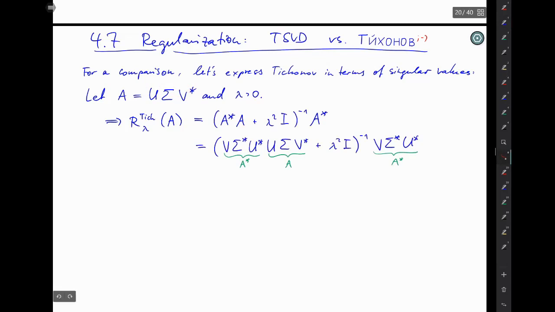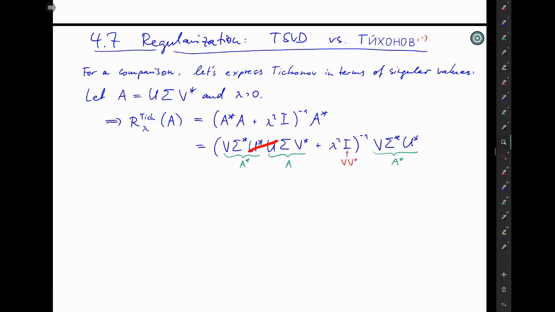I think I don't have to say much anymore about the adjoint of a product being the product of the adjoints in reversed order. Because U is unitary, its inverse is U star, so when the two of them meet, they just cancel. And then here with this identity operator, let me do the opposite trick. Let me write that as V times V star, because that's also the identity, because V is also unitary.